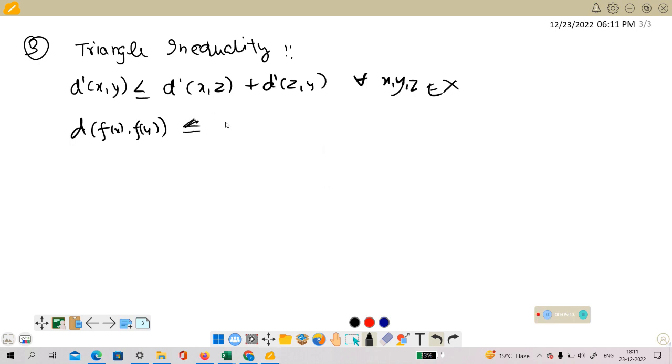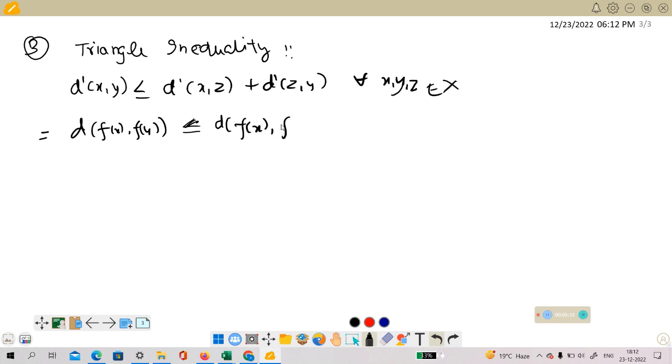We know that d is a metric, and d'(x, y) by definition is d(f(x), f(y)). We have done nothing here. Now f(x), f(y) are elements of Y, so we can just use the triangle inequality for d, because it is valid as d is a metric.